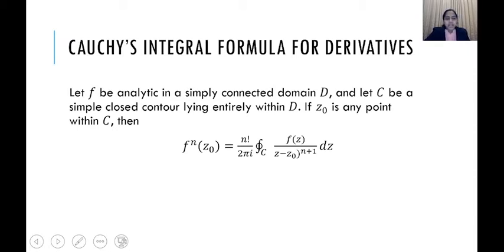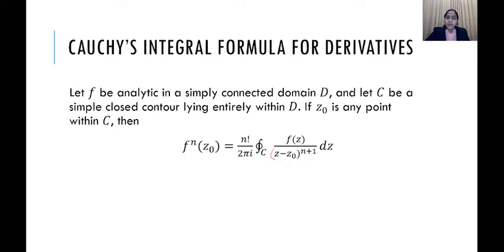Let f be analytic in a simply connected domain D, and let C be a simple closed contour lying entirely within D. If z₀ is any point within C, then f^(n)(z₀), that is the nth derivative of the function f, is given by the formula n factorial by 2πi integral over C of f(z) divided by (z minus z₀) whole raised to n plus 1 into dz.